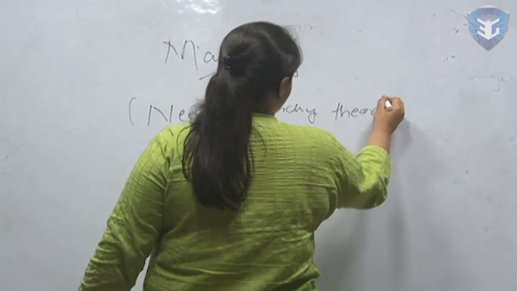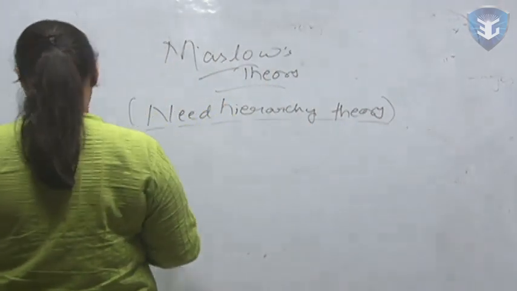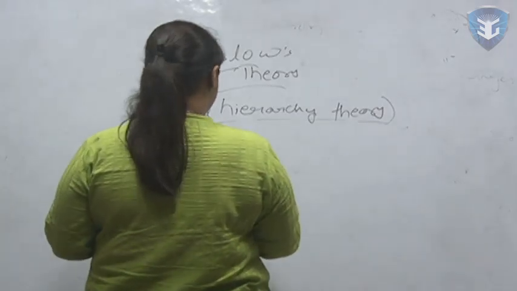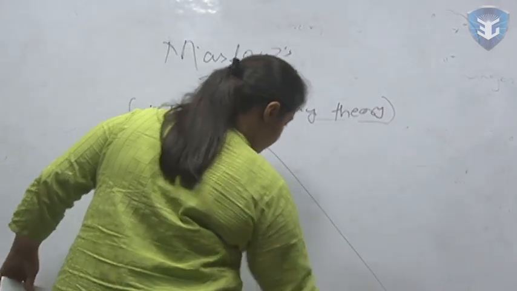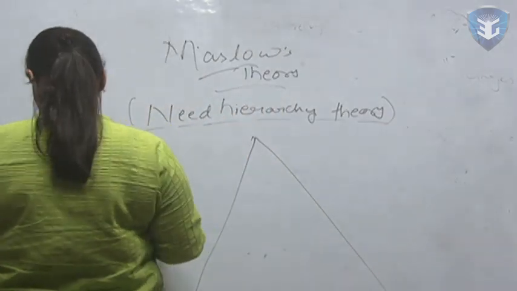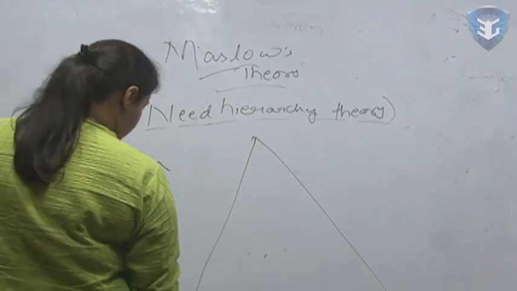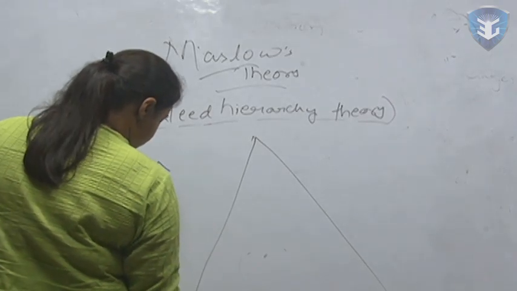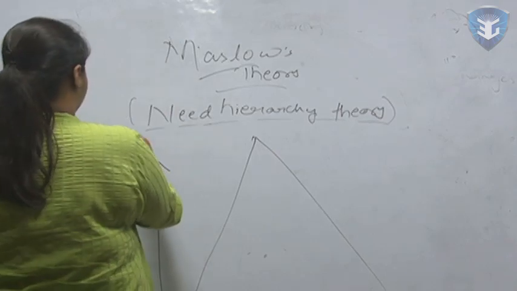This is used by managers to know the attitude of employees and how the same can be used to generate the best out of them. Herein, human needs are categorized in a certain hierarchy, moving from lower to upper. So, here are the lower needs and here are the upper needs.